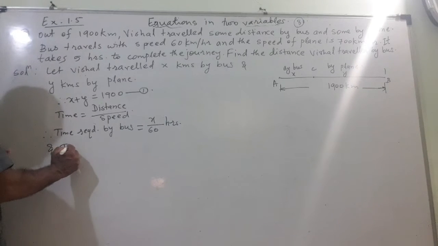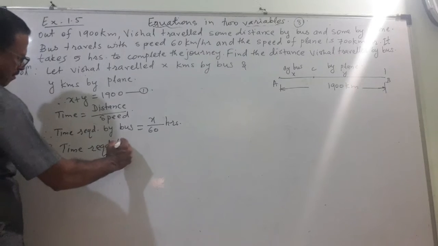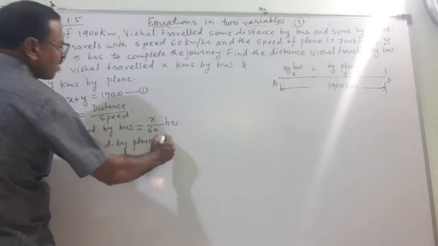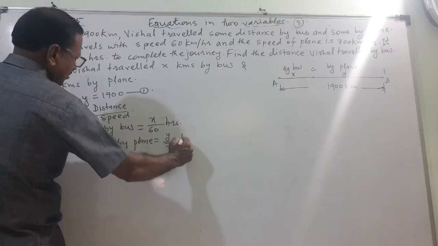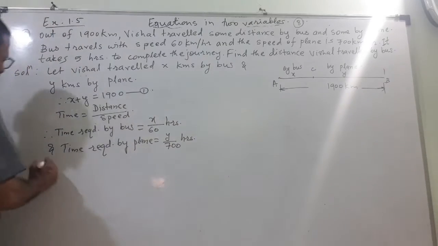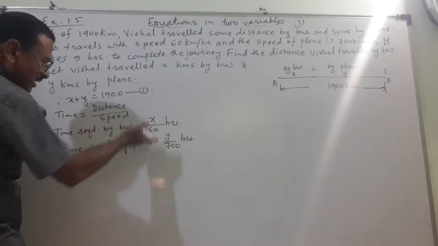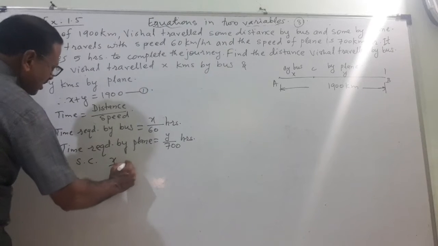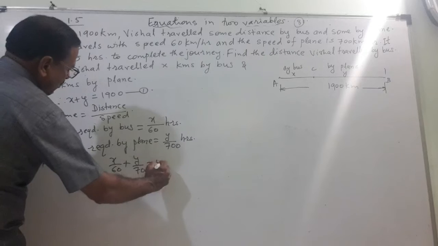Time required by plane is equal to how much he traveled? Y kilometers. What was the speed? 700, again in hours. From the second condition, the total time is 5 hours. X upon 60 plus Y upon 700 is equal to 5.